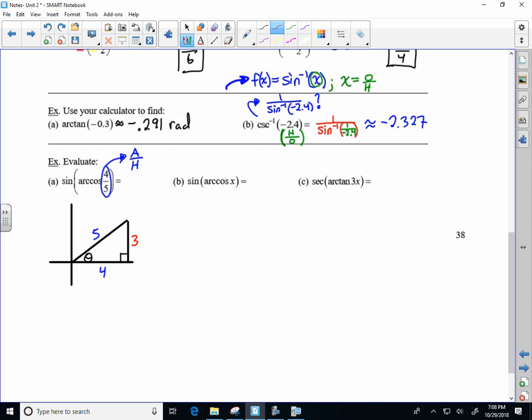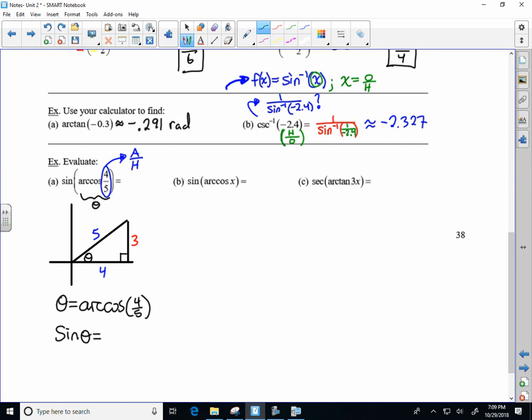But what I need, because this whole thing should result in some angle theta, I need the sine of theta. It's weird notation, but basically what I'm getting at is the idea that I'm letting theta equal the arc cosine of 4/5, and then what I need is the sine of theta.